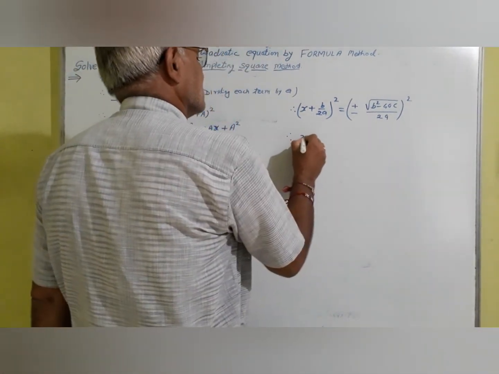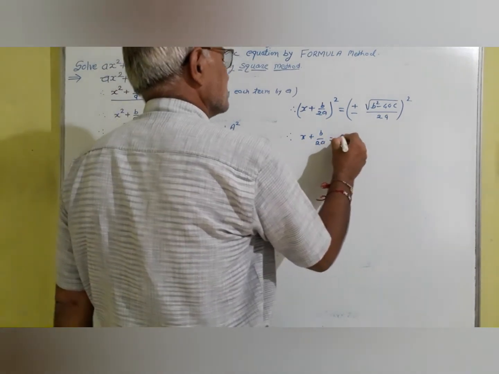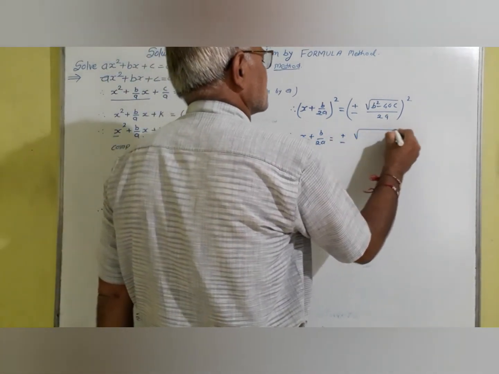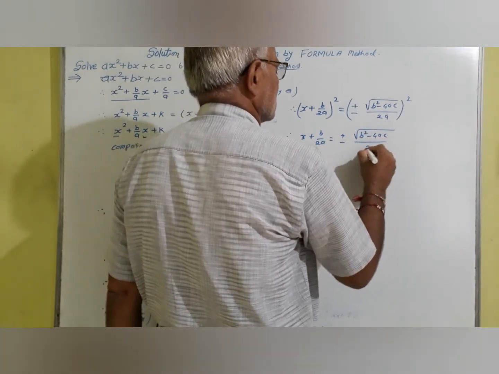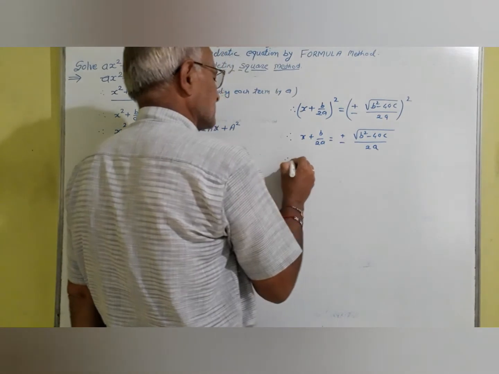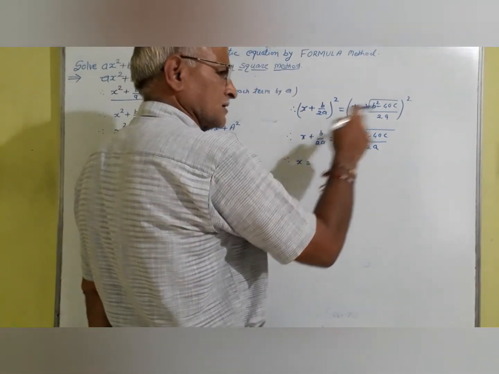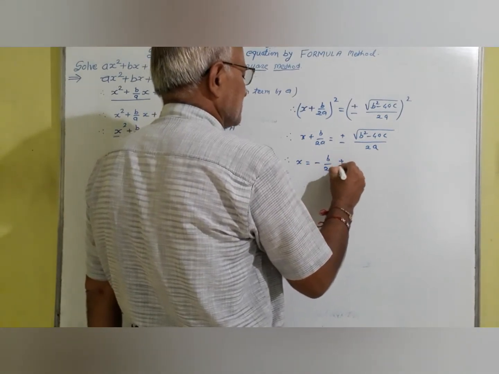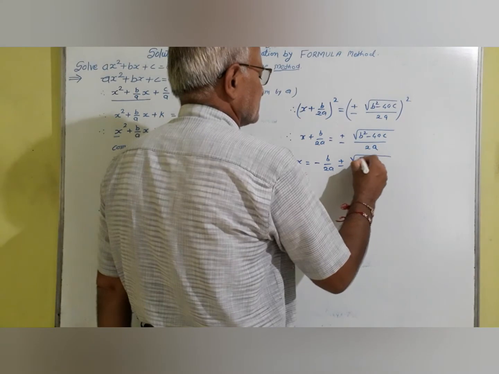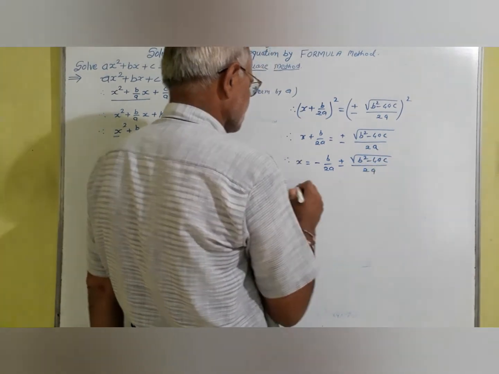Therefore x plus b upon 2a is equal to plus or minus square root of b square minus 4ac upon 2a. Therefore, x is equal to plus b upon 2a taken to right side, it becomes minus b upon 2a plus or minus square root of b square minus 4ac upon 2a.